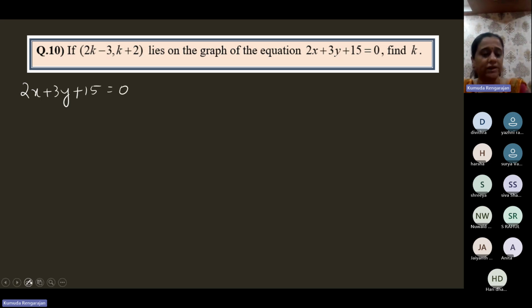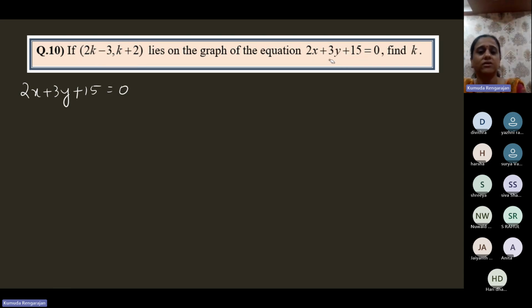Now, if this point lies on this equation, this point will satisfy this equation. That is, for x, you should use 2k minus 3, and for y, you should use k plus 2. The equation will be satisfied because this point lies on this line.